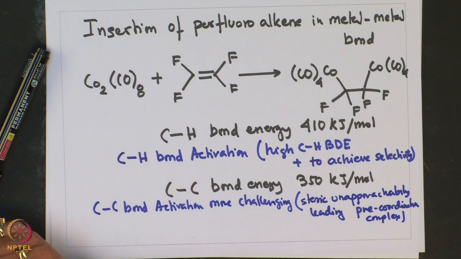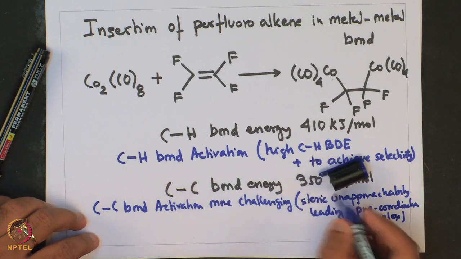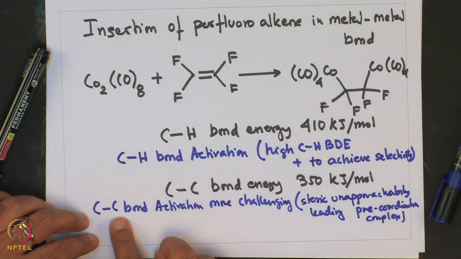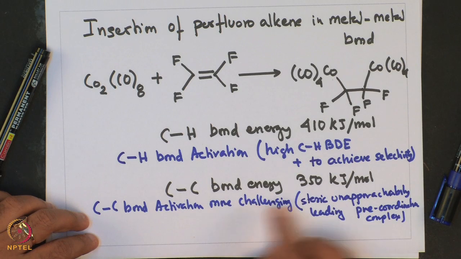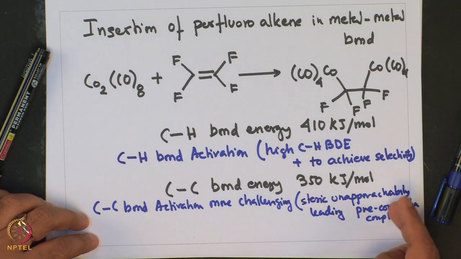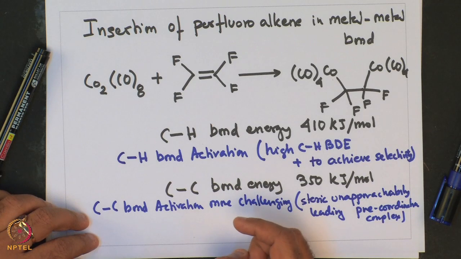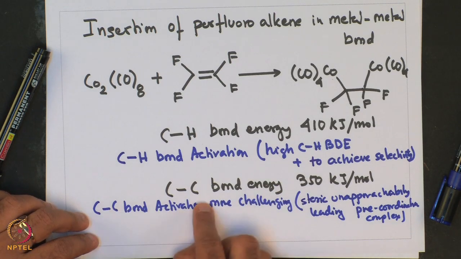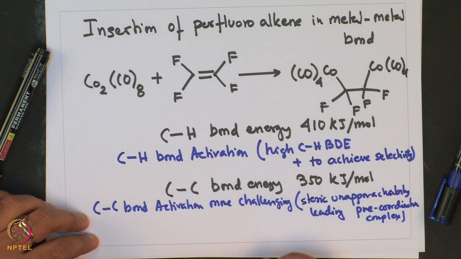So, what we saw is that even though the CC bond energy was slightly lower than that of CH bond energy, its activation was even more challenging because these bonds are deeply buried, and they are outnumbered by CH bonds. As a result, the pre-coordination complex required for initiating the activation reaction becomes even more difficult, and CC bond activation thus becomes more challenging than CH bond activation.